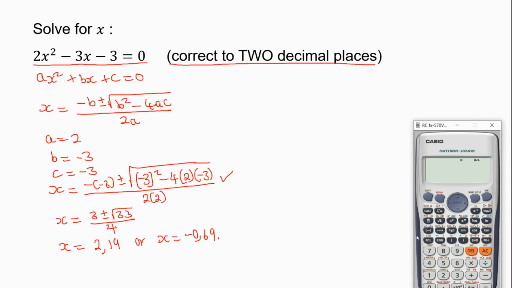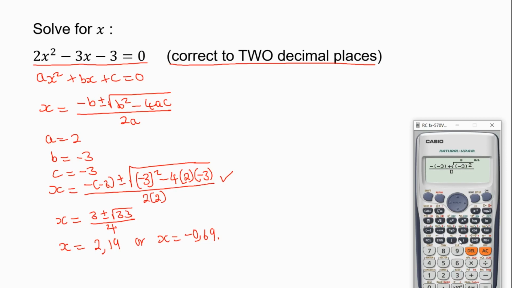So what you do, press the fraction function here, and then we say negative 3. Okay, and then plus or minus. So we can't put these operations at the same time. So we can start by plus, and then square root, and then we say b, negative 3 squared.